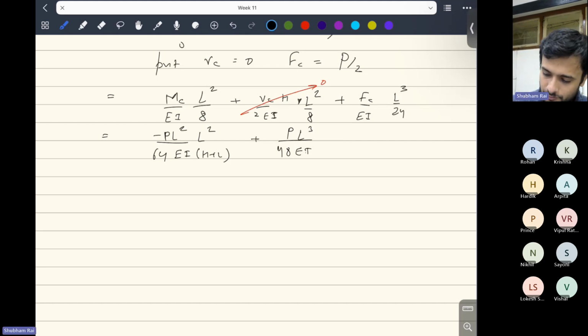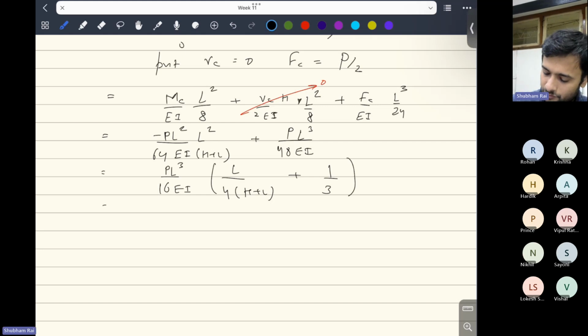Yeah. So we can take some terms common. If you take PL cubed over 16 EI common, then here you will be left with L, and here you will be left with 3 and H plus L. Yes, here you will be left with 1 over 3.